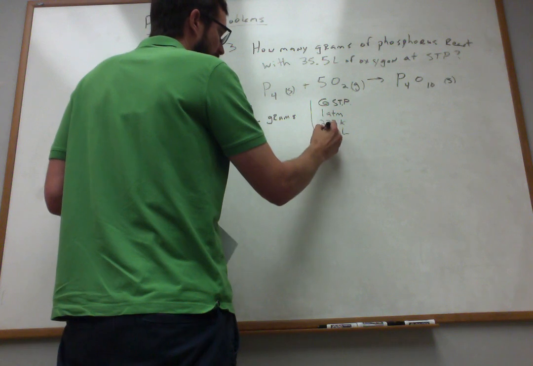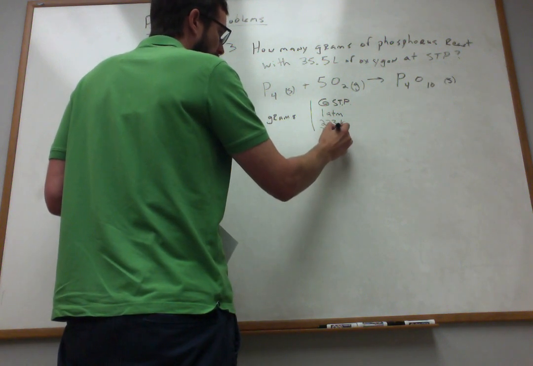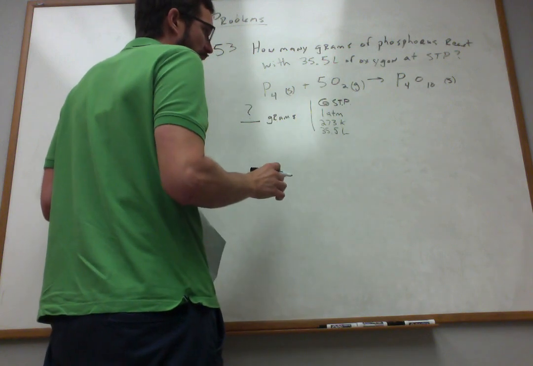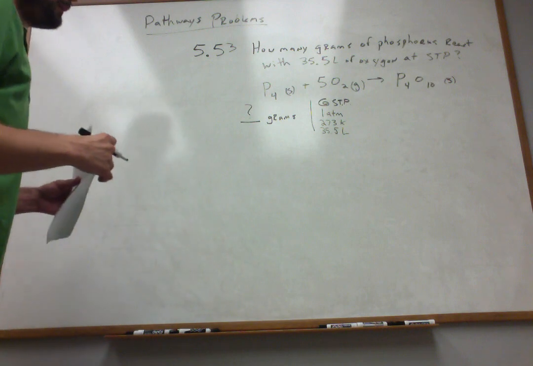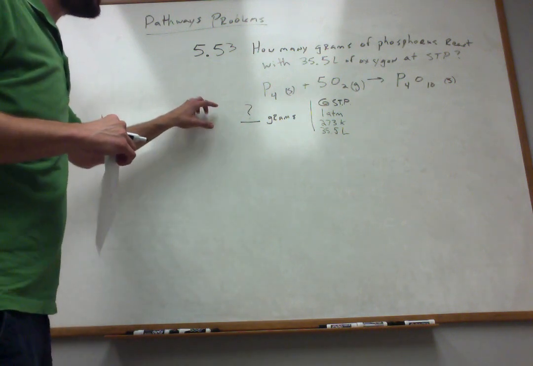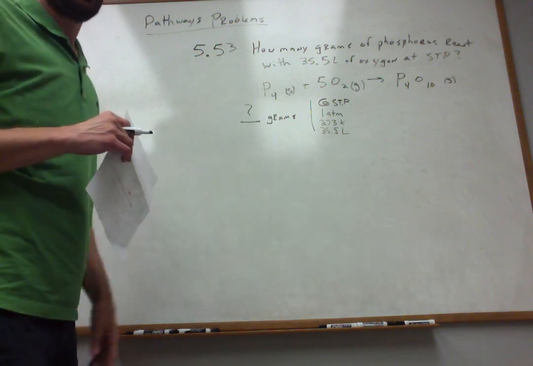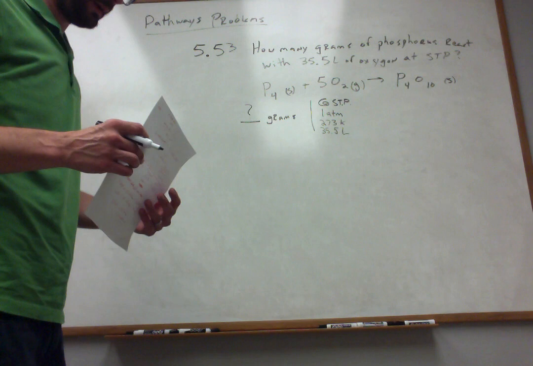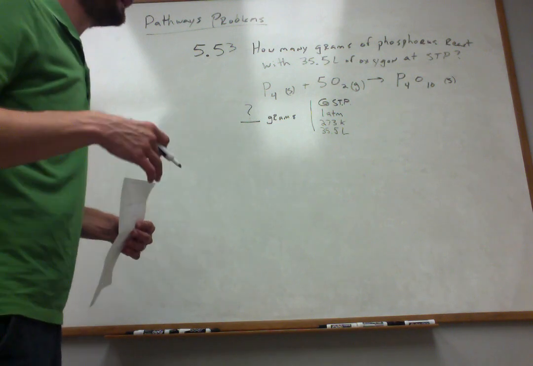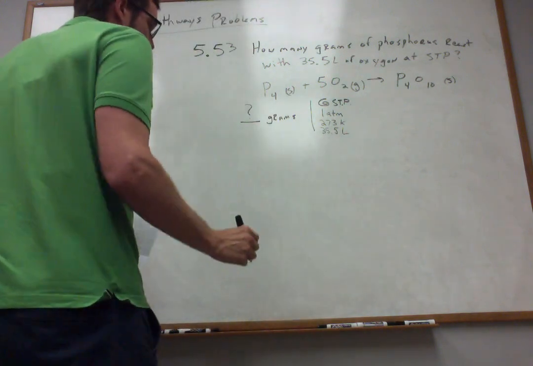We've got 35.5 liters of that gas under those conditions. We're going to react these things, we're going to make this product. Basically what the problem's asking us is, how much of this do we need to consume all of our oxygen? It's just like a stoichiometry problem that we learned about in previous chapters, except now we're extending upon the concepts because we're using the gas laws.